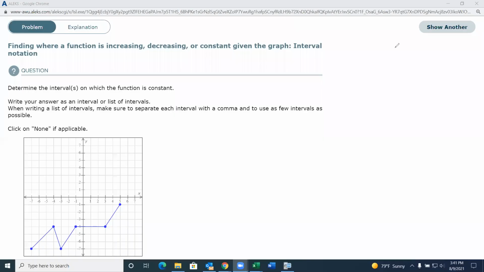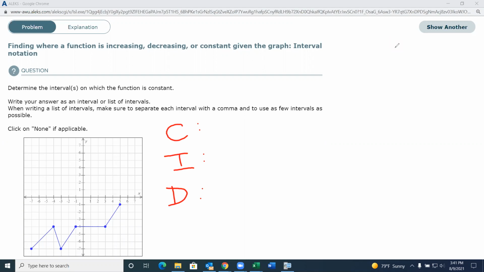All right, so now we're told to determine the intervals where the function is constant. And in fact, let's do constant and increasing and decreasing, just for kicks and giggles.